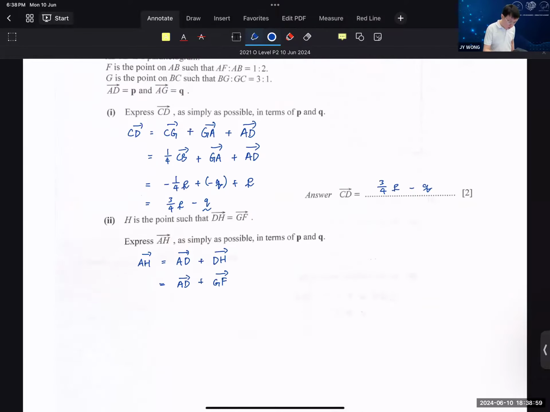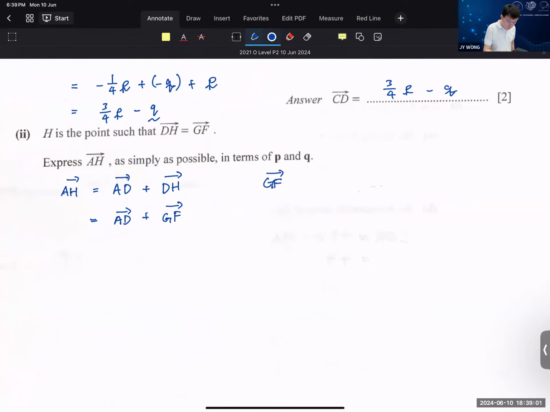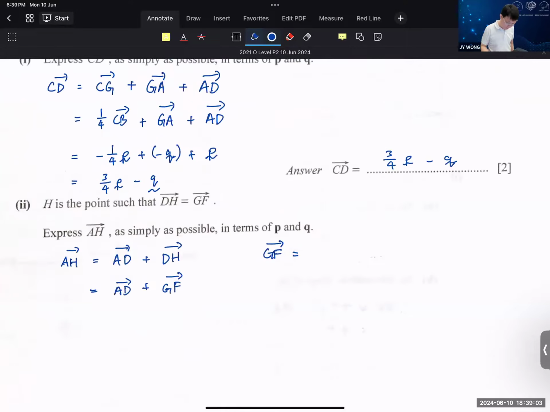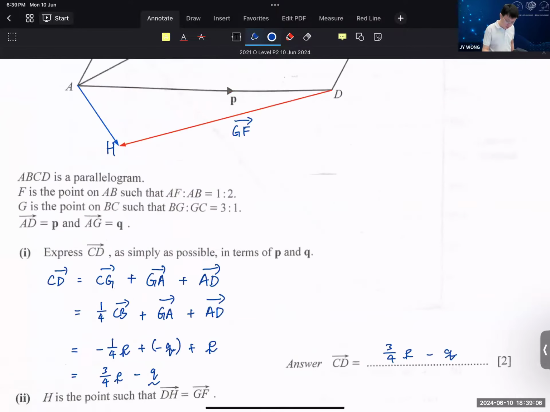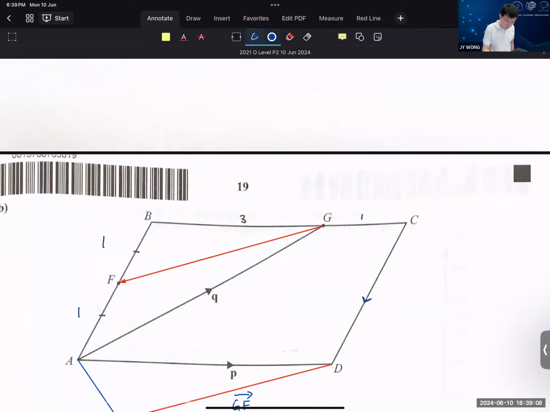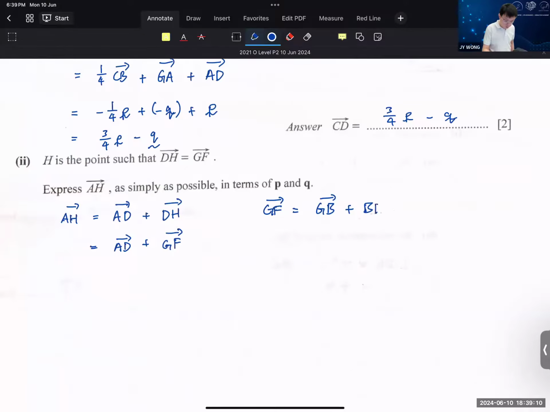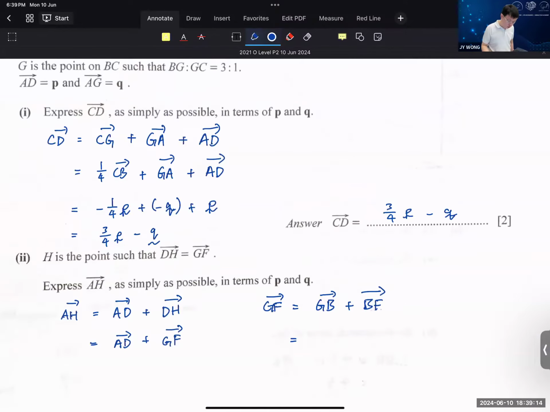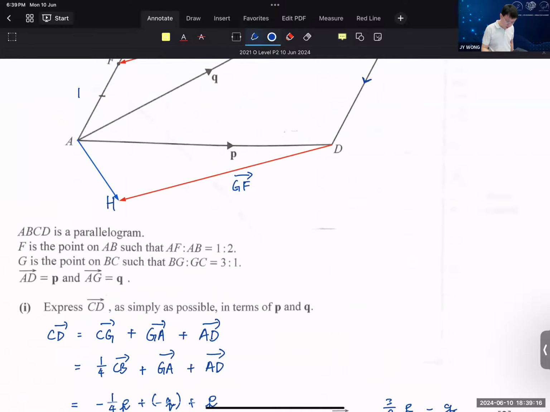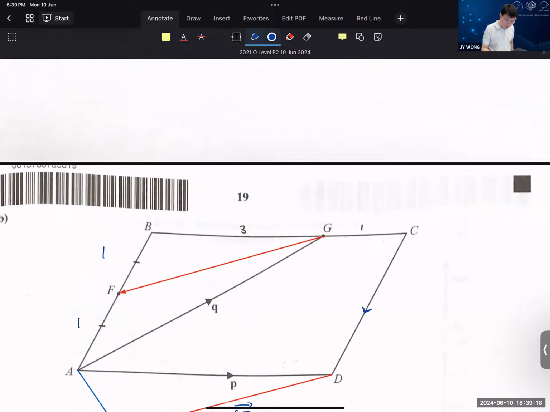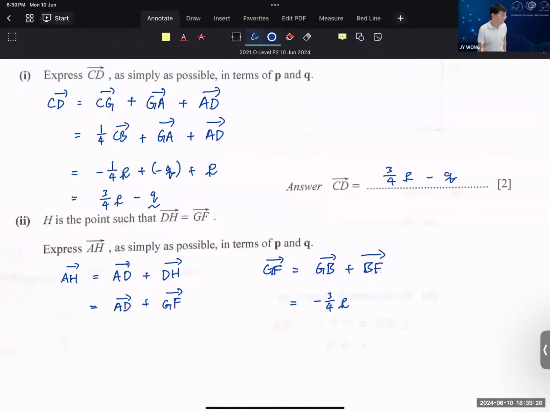Okay, so from here, GF is equal to GB plus BF. And what is GB? GB is 3/4 of negative P. In other words, negative 3/4 P. All right.